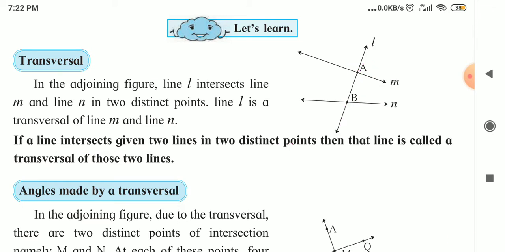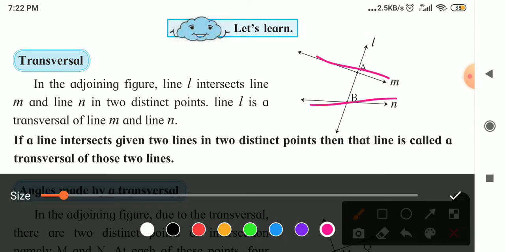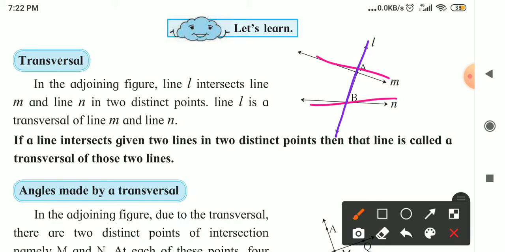So in this figure, M and N are two lines and L is the transversal. I will show it with a different color. So L is the transversal. I showed it with the violet color. Okay, that is the transversal.